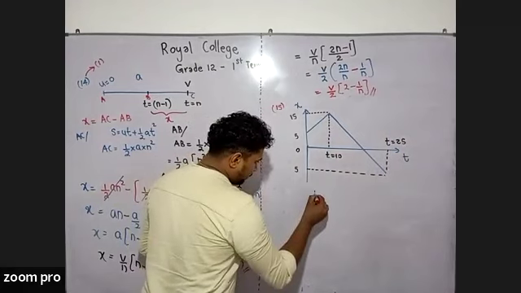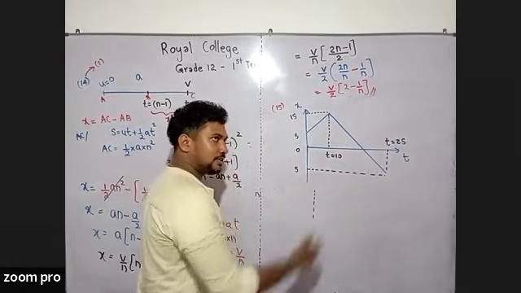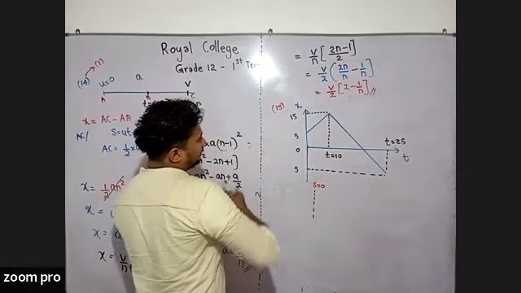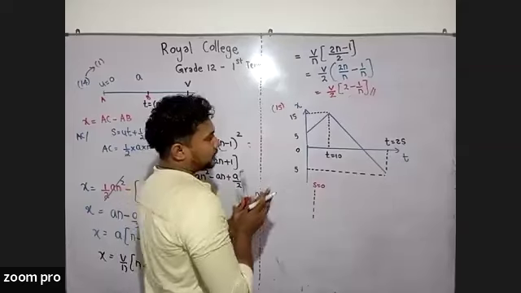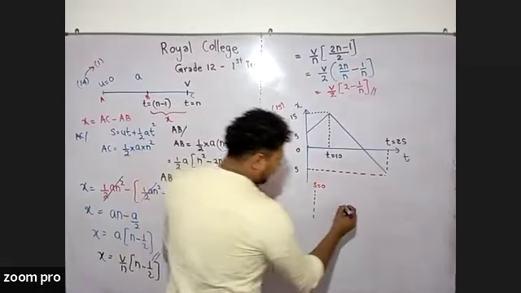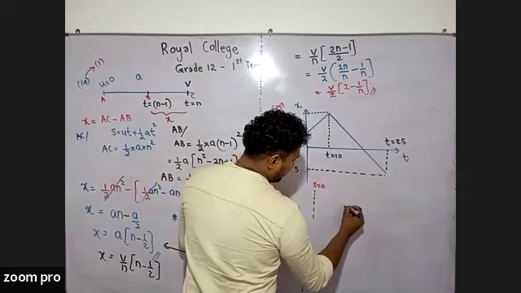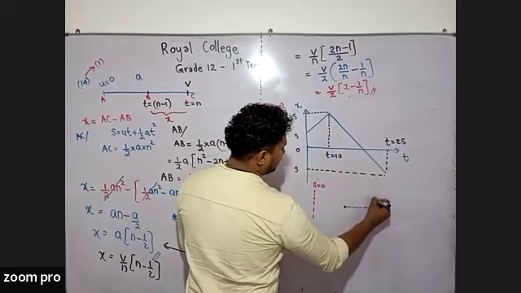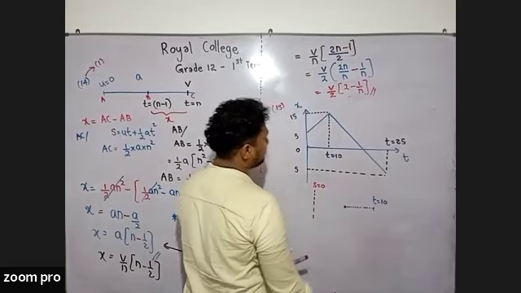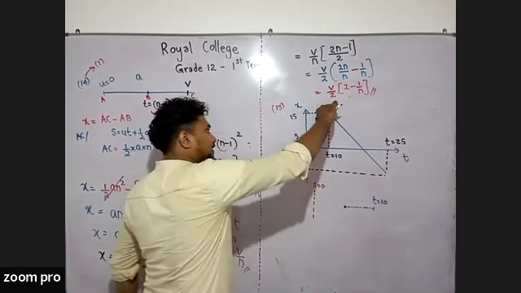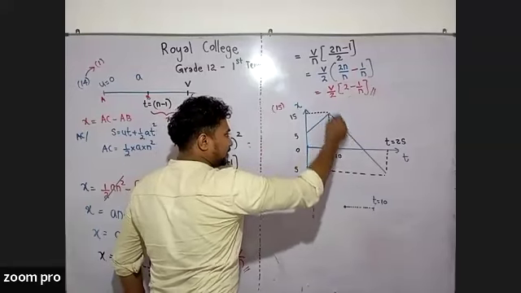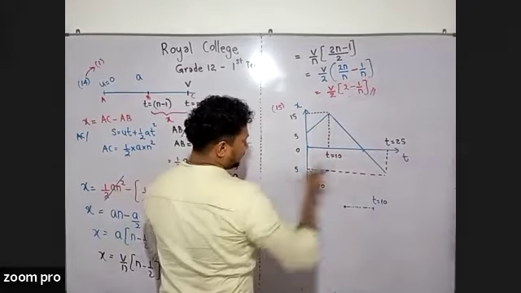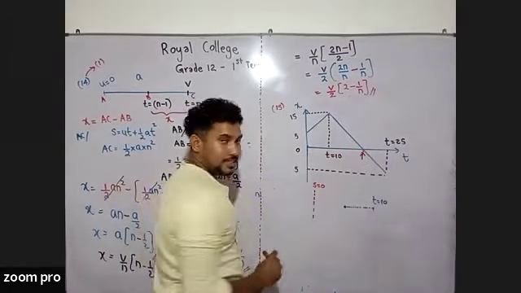Let's assume that if there's a displacement, we have to consider a reference point, and this point is considered as 0. Now initially at time 0, the displacement is 5. That means the object initiates the motion at this point and moves further in this direction. At 10 seconds, the displacement is gradually decreasing, and at a certain point the velocity is equal to 0.